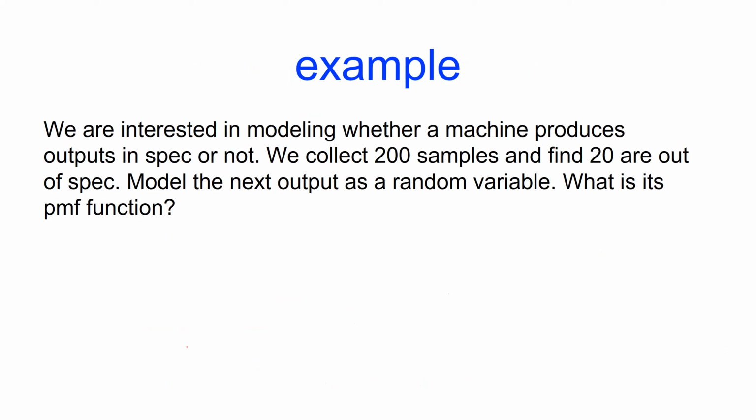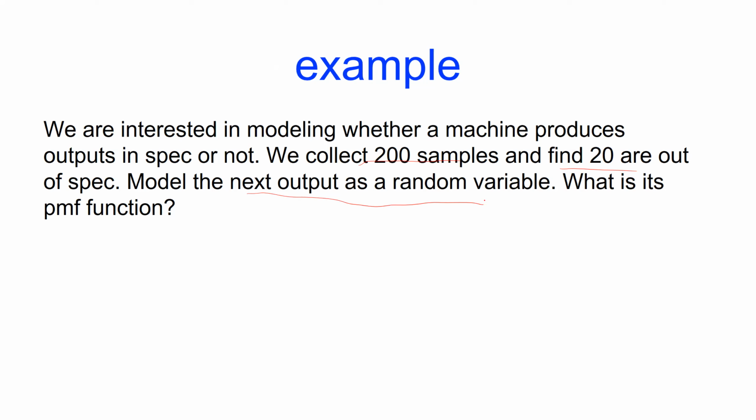So now let's see one example. We are interested in modeling whether a machine produces outcomes in spec or not. So we collect 200 samples and find 20 out of spec. Model the next output as a random variable.